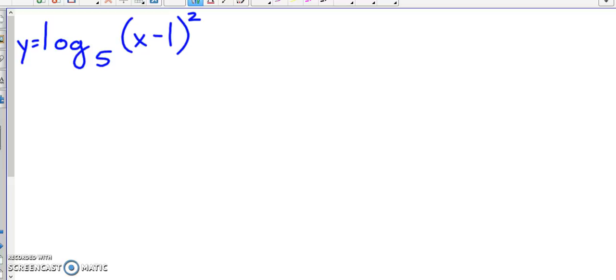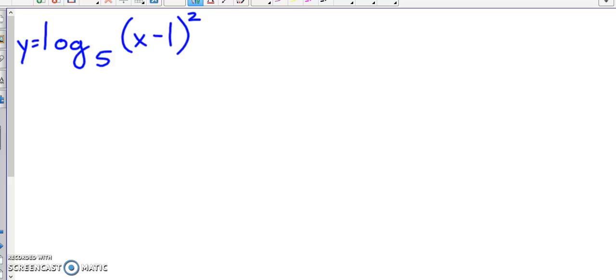So anyway, let's say that we had this. If I wanted to find the domain, first of all, the range would be from negative infinity to positive infinity on this.